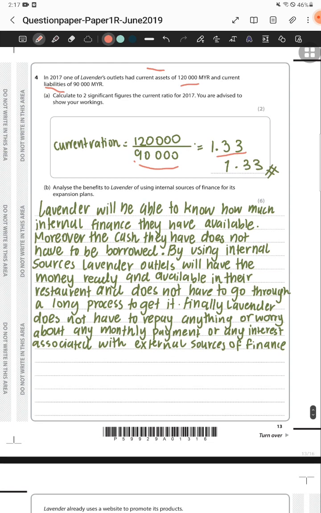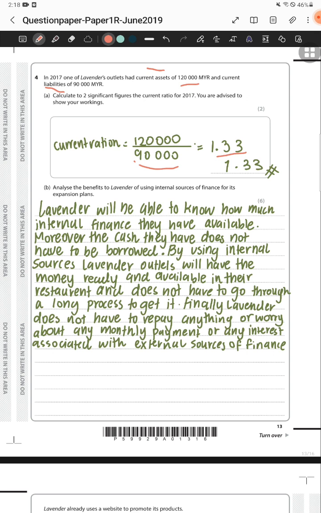Analyze the benefits to Lavender of using internal source of finance for its expansion plans. Okay, Lavender will be able to know how much internal finance they have available. Moreover, the cash they have does not have to be borrowed. Basically, it will save them interest from borrowing, for example, from a bank.